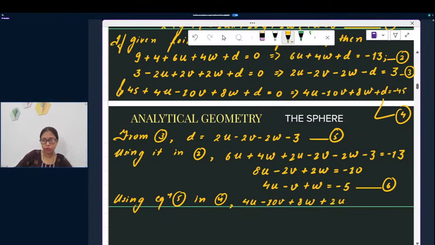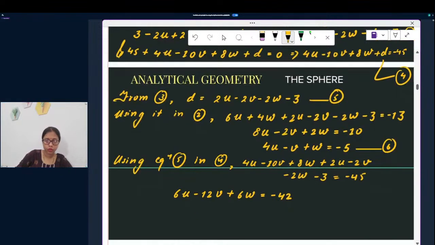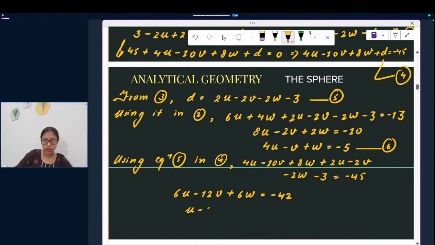So plus 2u minus 2v minus 2w minus 3 is equal to minus 45. 6u minus 12v plus 6w is equal to minus 42. So u minus 2v plus w is equal to minus 7. Now from 6 and 7, d is already eliminated.